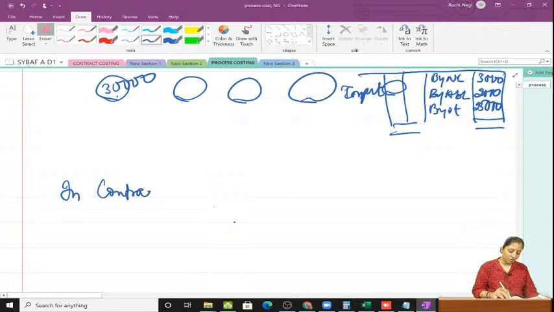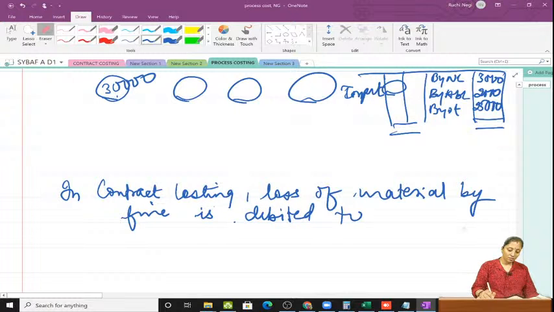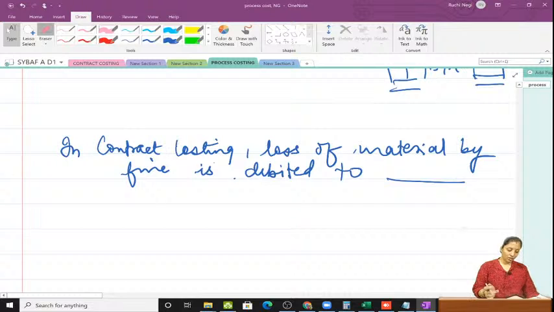In one of the sums, in contract costing, loss of material by fire is debited to dash. So what do you think? In contract costing, loss of material by fire is debited to where? What could you see the probable answer?